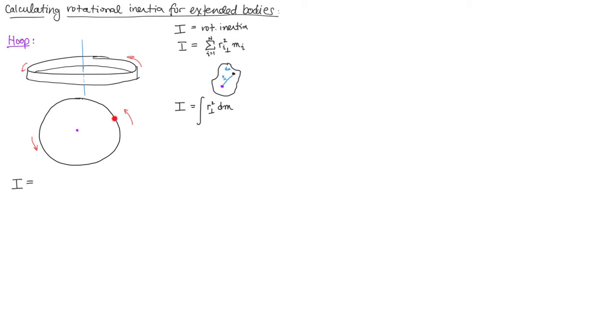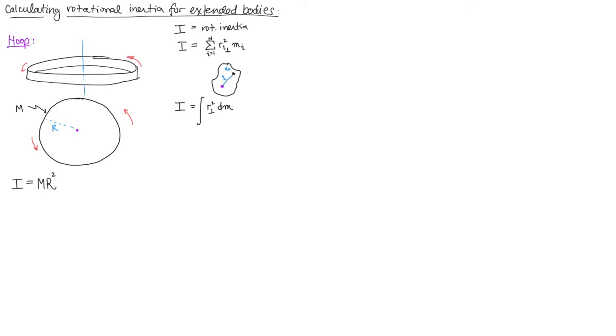In that case, every single little chunk of mass is an equal distance, capital R, away from the center. And we can say that the total mass of this hoop is capital M. Once you add up all of those little elements, the total rotational inertia will just be MR squared. But let's see how that works out if we wanted to explicitly do the integral.